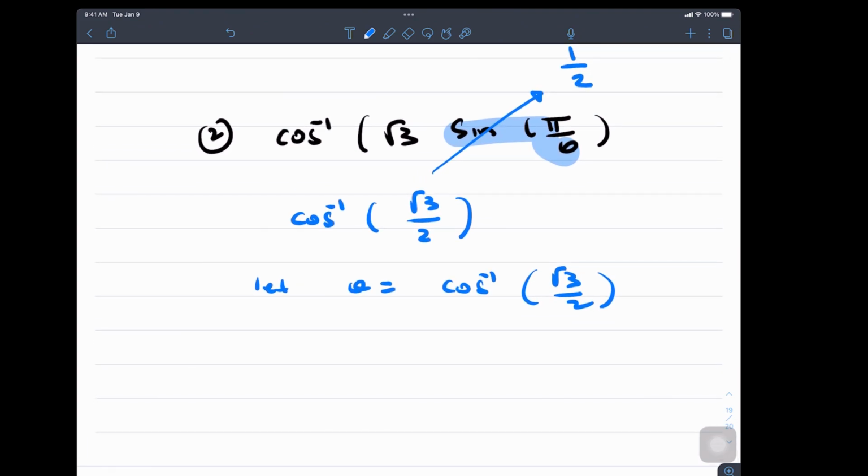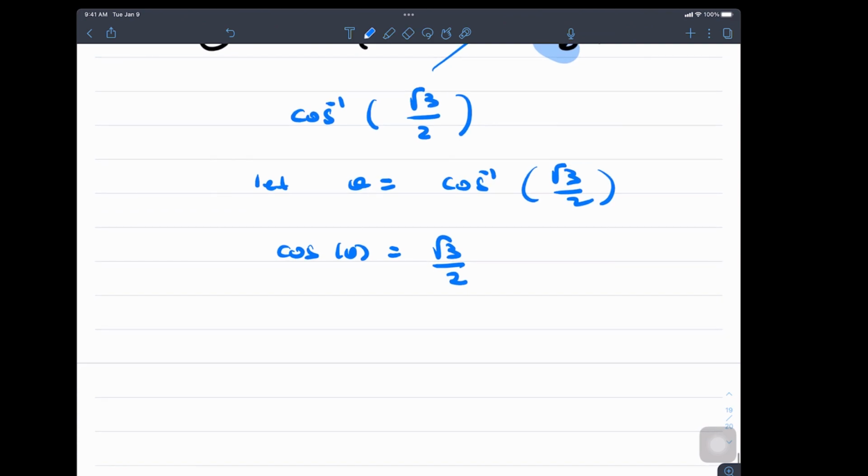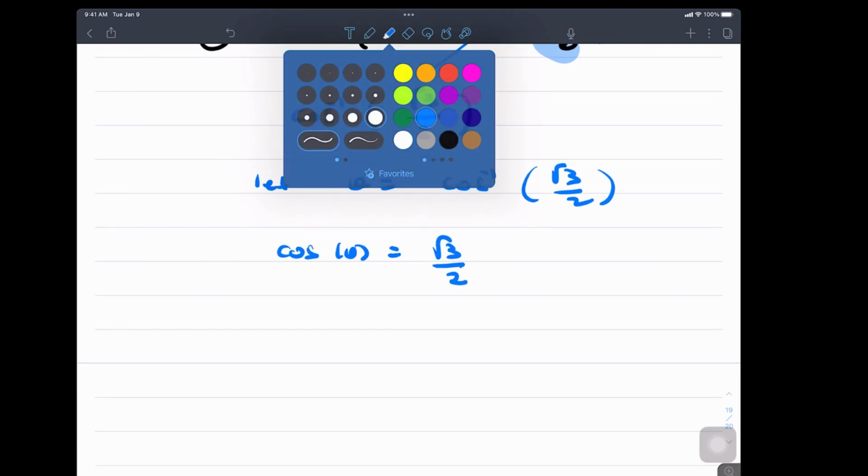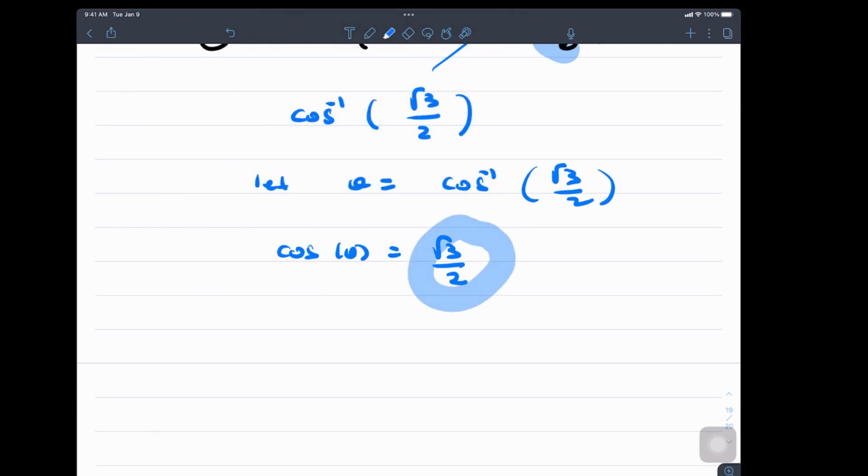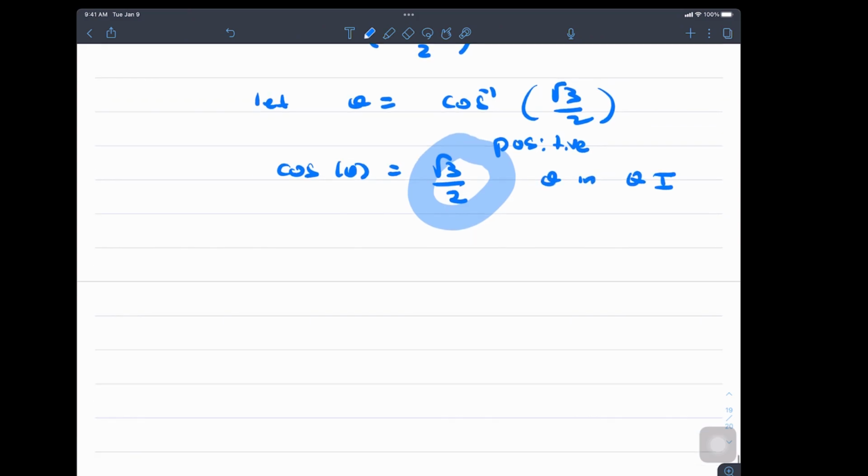And then by definition, that means cosine theta equals what? Square root of 3 over 2. Now, I know that this answer is what again? Positive. What does that mean about theta? Theta is in quadrant what? 1.